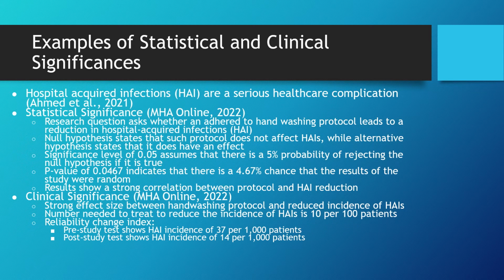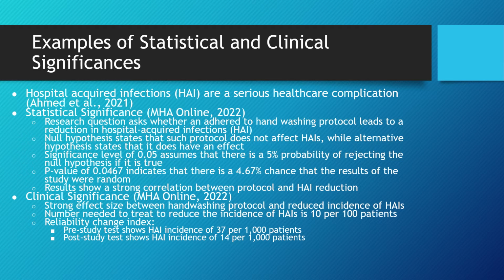Next slide. Example. Hospital-acquired infections are a serious healthcare complication. Statistical significance. Research questions ask whether adherence to a hand-washing protocol leads to a reduction in hospital-acquired infections. Null hypothesis states that such protocol has no effect on hospital-acquired infections, while alternative hypothesis states that it does have an effect.